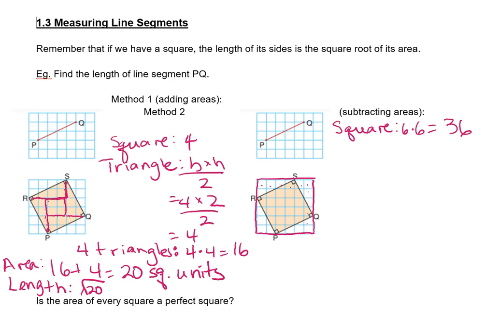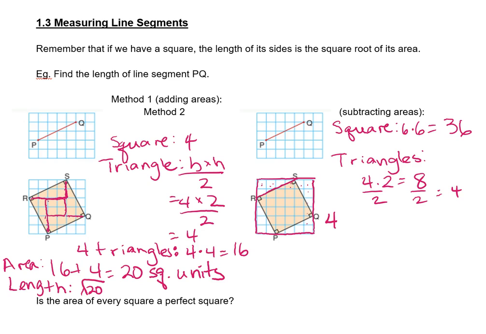You would find the triangles here. You can see the triangles are exactly the same. We've got 4 triangles, and they are 4 by 2, which is 8. 4 by 2 divided by 2, which is 8 divided by 2, is 4.